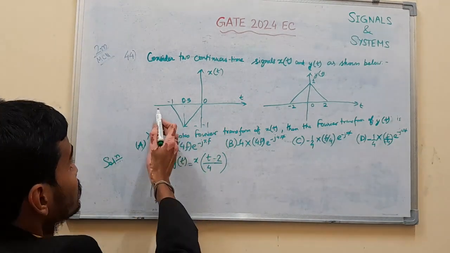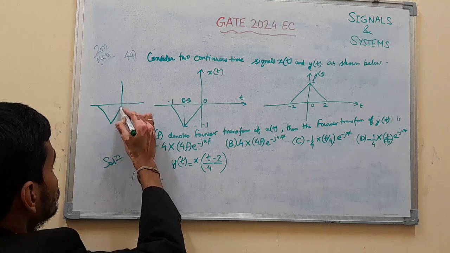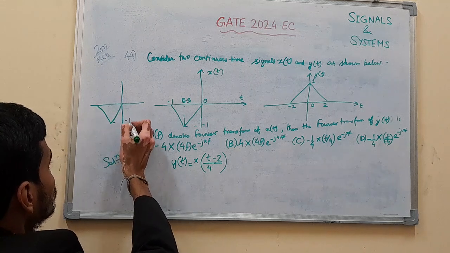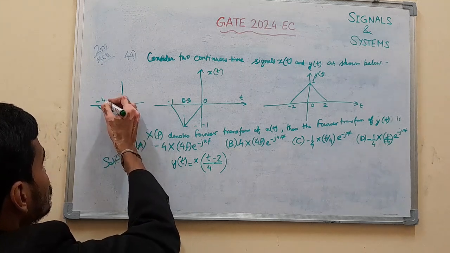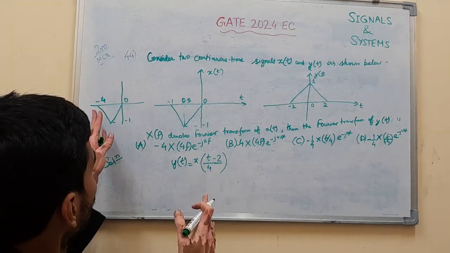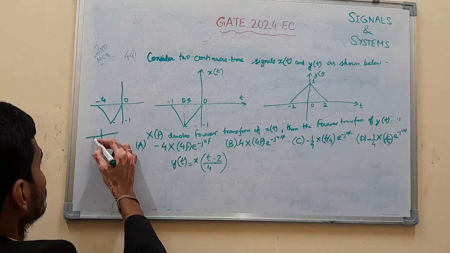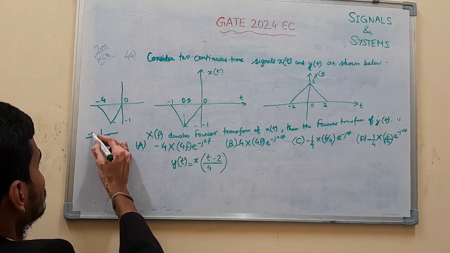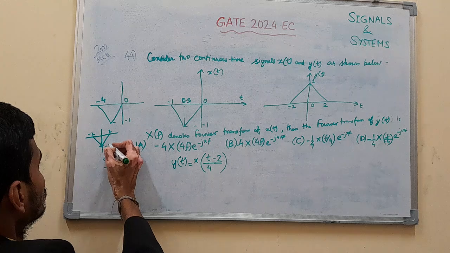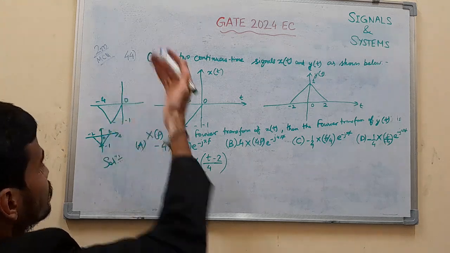First expand x of t. It will become something like this. Now shift it 2 units to the right. So it will become something like this. Now invert it.